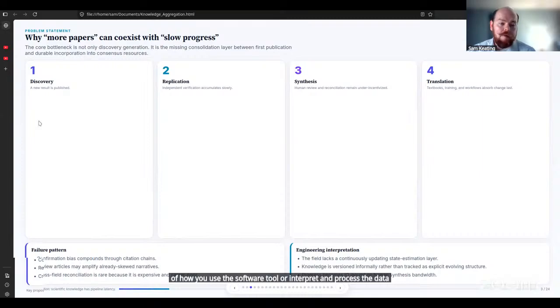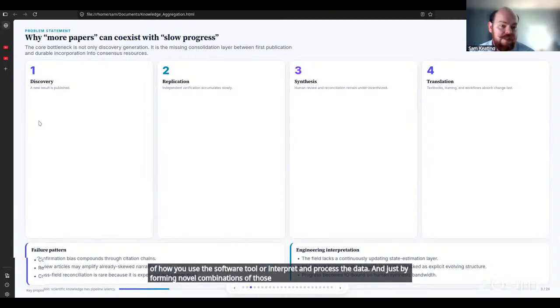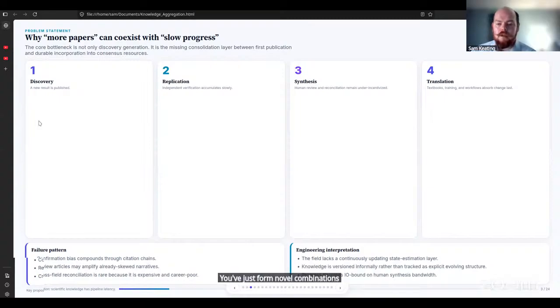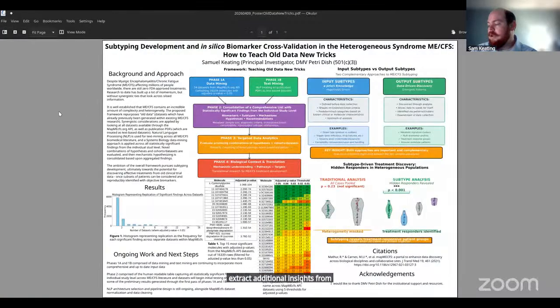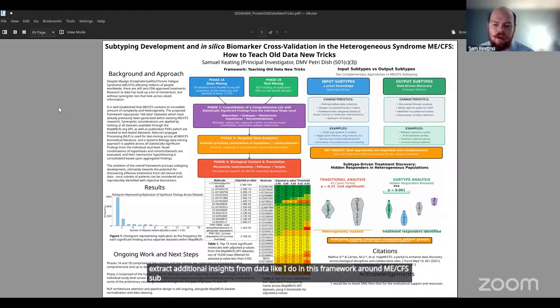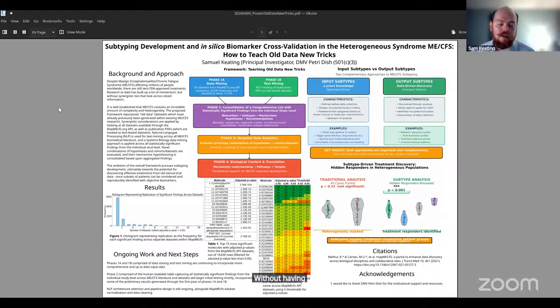And just by forming novel combinations of those, you don't have to have any brand new dataset that's new to the world. You don't have to come up with a new software tool or algorithm. You just form novel combinations, and you can extract additional insights from data, like I do in this framework around ME/CFS subtyping development, without having to actually make any new discovery or invention from scratch. So there's no requirement of generating new studies or datasets or experiments.